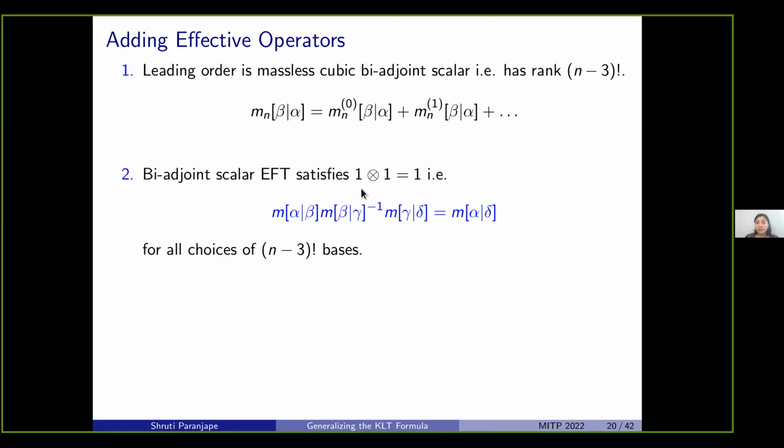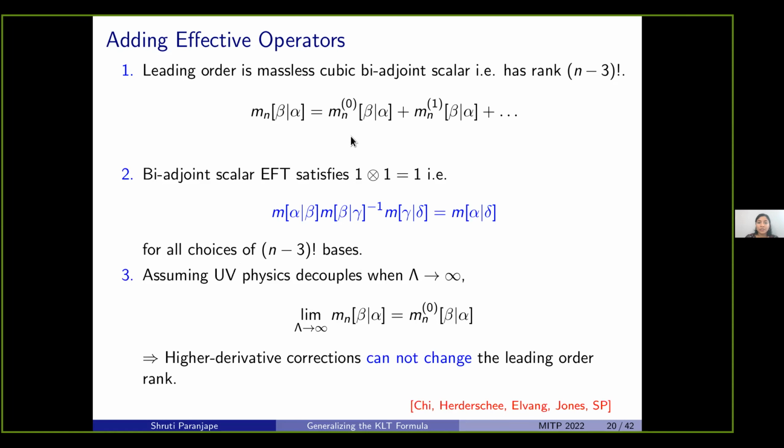I impose the KLT bootstrap for all choices of bases, and that selects a particular set of high derivative corrections that I'm allowed to have. And actually, assuming that when the EFT cutoff in this theory goes to infinity, I get back the leading order, the high derivative corrections cannot change the leading order rank without introducing bad scaling with lambda in the double copy theory.